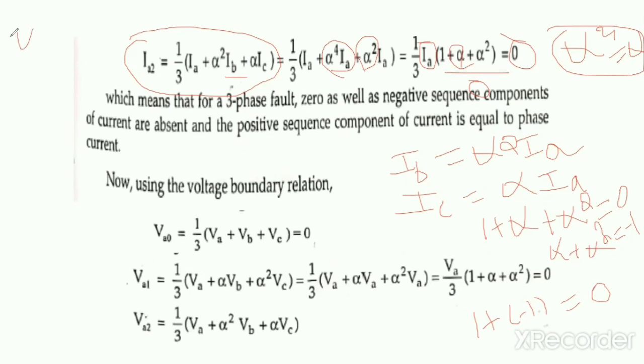Remember these notations: alpha power 4 is equal to alpha, and alpha plus alpha square is equal to minus 1.